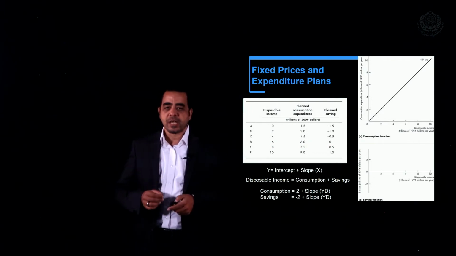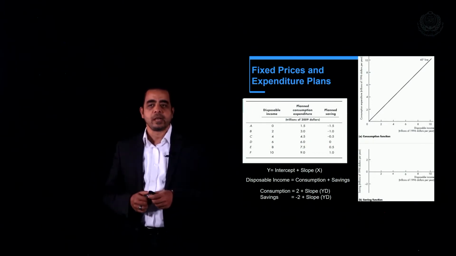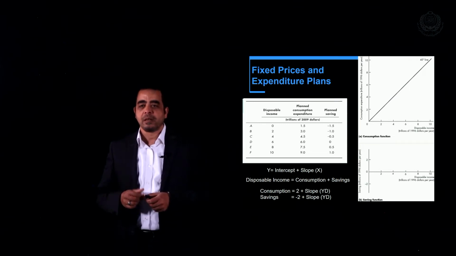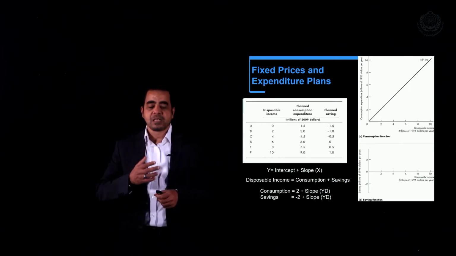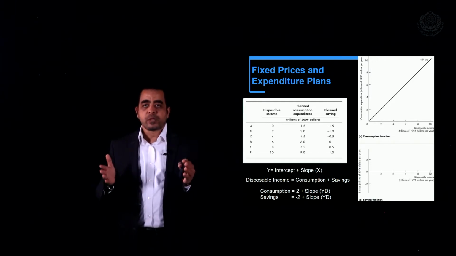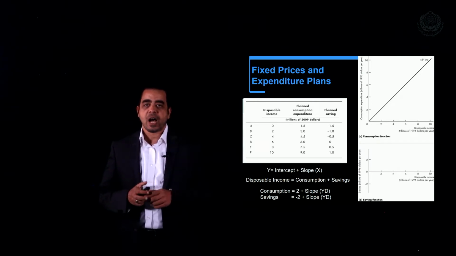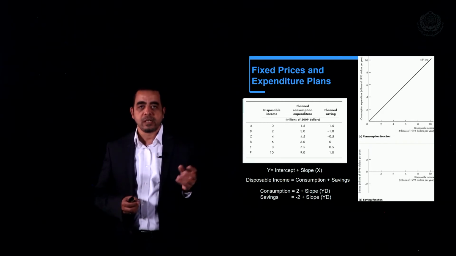So here, as you can see in the table, it shows the relationship between disposable income and savings and consumption. Here, we have to know that your disposable income has only two channels: either to use it in consumption or to use it in saving.